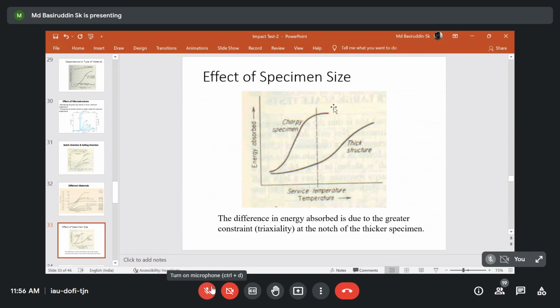Sometimes the thickness of the plate is more than 100 mm. People have found that though you calculated the impact energy absorption capacity at room temperature and got certain values, you are not extrapolating those values considering the practical thickness of the material.